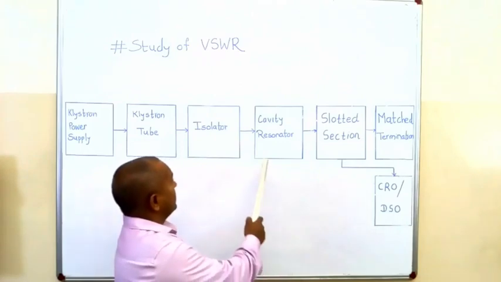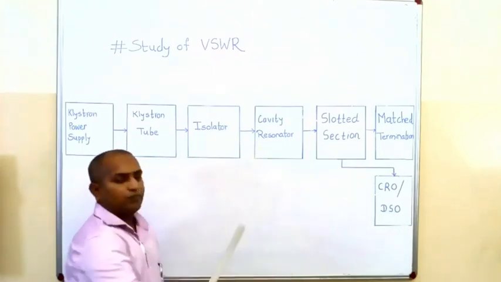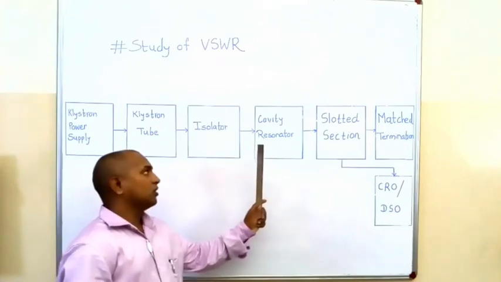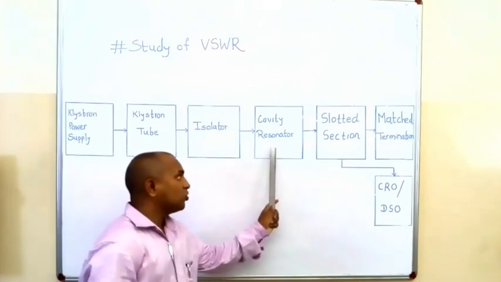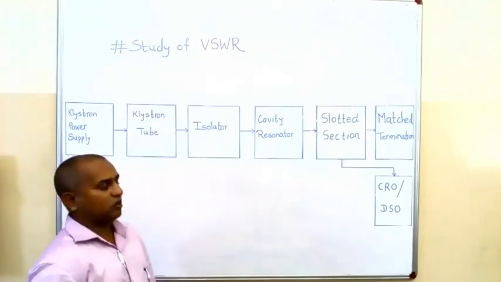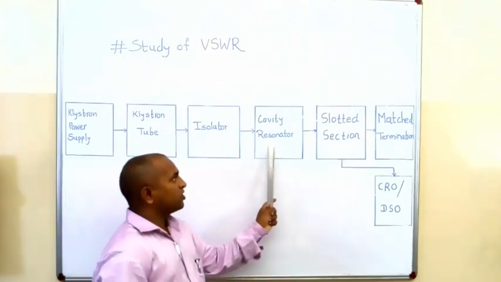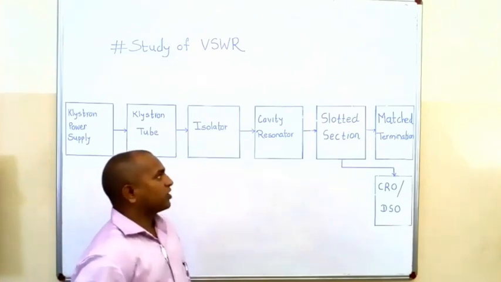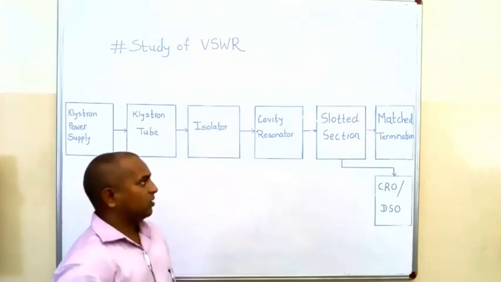Our next block is a cavity resonator. It is used to measure the operating frequency of our reflex klystron. That's why this cavity resonator is also known as a microwave frequency meter.